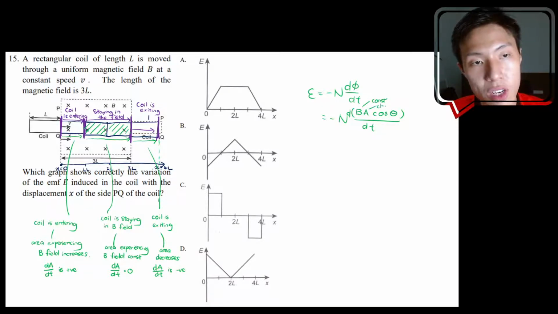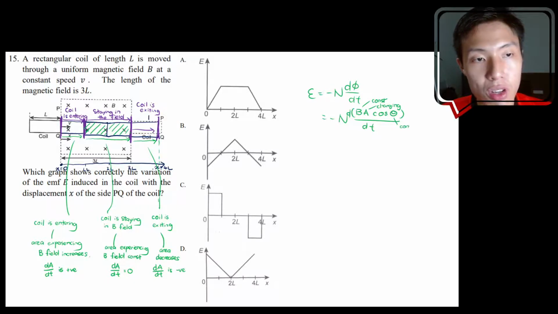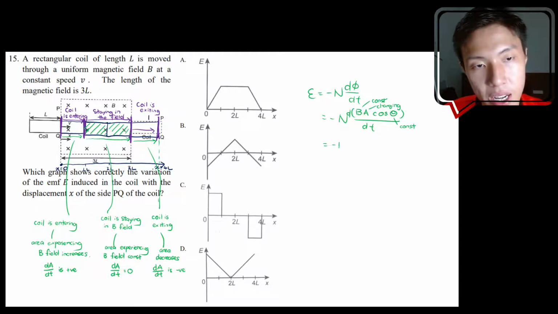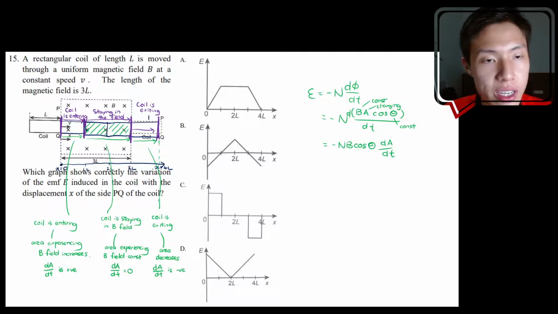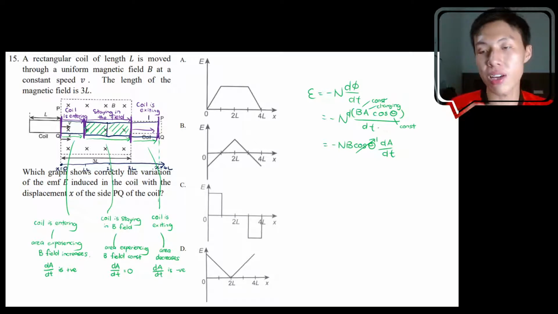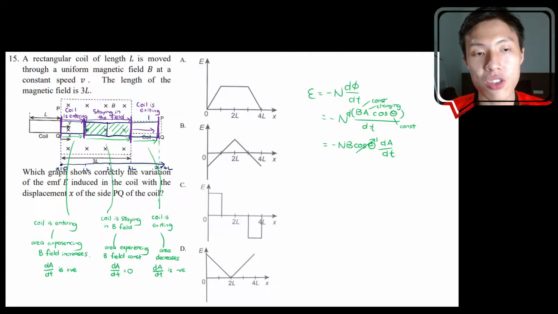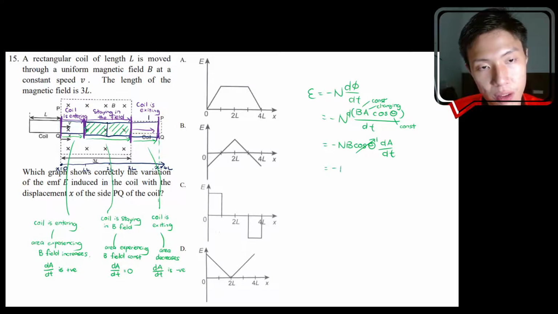But the area you are changing, if you take it out of the magnetic field or into the magnetic field, then the area is changing. The θ here is constant because you are not rotating the coil. So in this case, you can take out B cos θ, and you're left with dA over dt. Again, this one I will change to 1 because the area vector is pointing into the page and the magnetic field is also pointing into the page, so the angle will be 0, cos 0 equals 1. So this is the equation that you have.